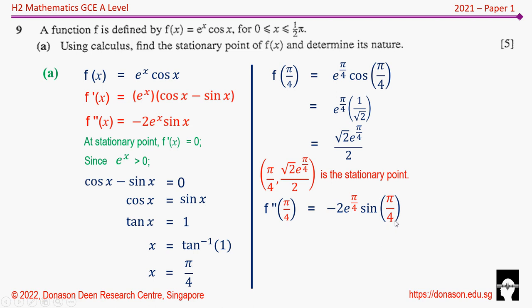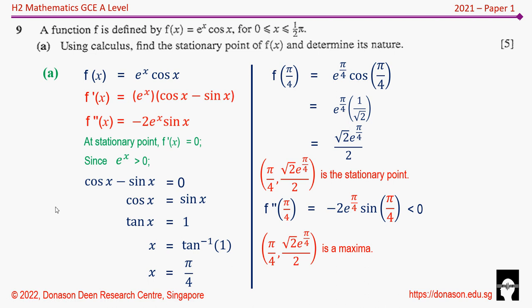Once again sine of pi over 4 is actually root 2 over 2, which is a positive value, and e to the power of pi over 4 is also going to be a positive value, and positive times positive is of course going to become positive. And when we multiply that by a negative 2, the whole of this number would become negative, so it will be less than 0. And of course what it means, when the second derivative of the function is negative, it implies that it must be a maxima. So there we have the nature of the turning point.